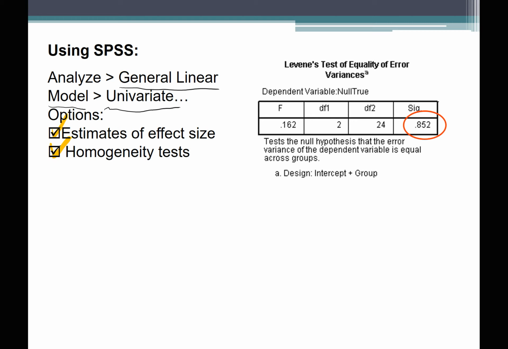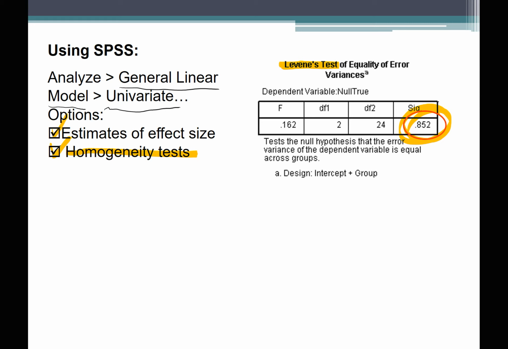And remember, this homogeneity test is what we do to make sure that we're meeting that assumption of homogeneity of variance. So if you think back to our independent samples t-test when we had Levene's test, that was the p-value that told you, do we read the top line or the bottom line of the t-table? Same idea. So here is the outcome of our Levene's test.